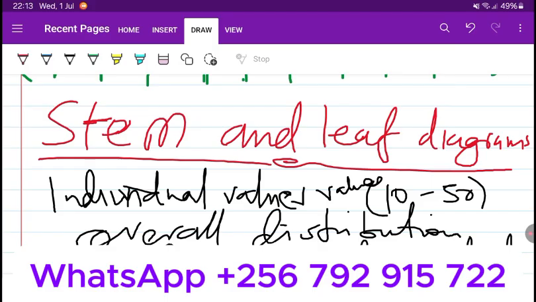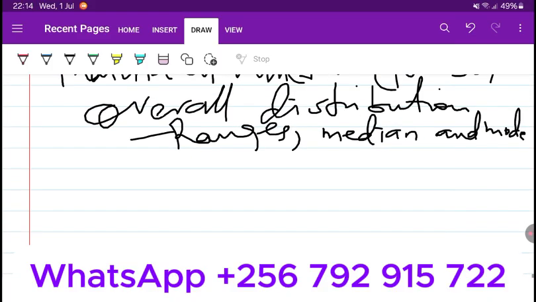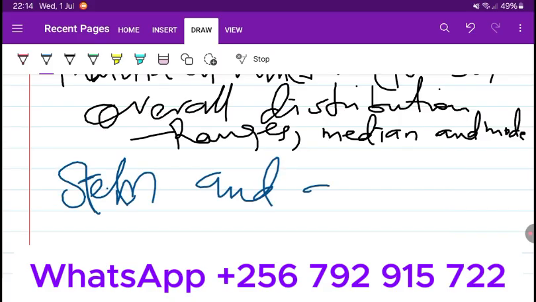One individual value has both a stem and a leaf.